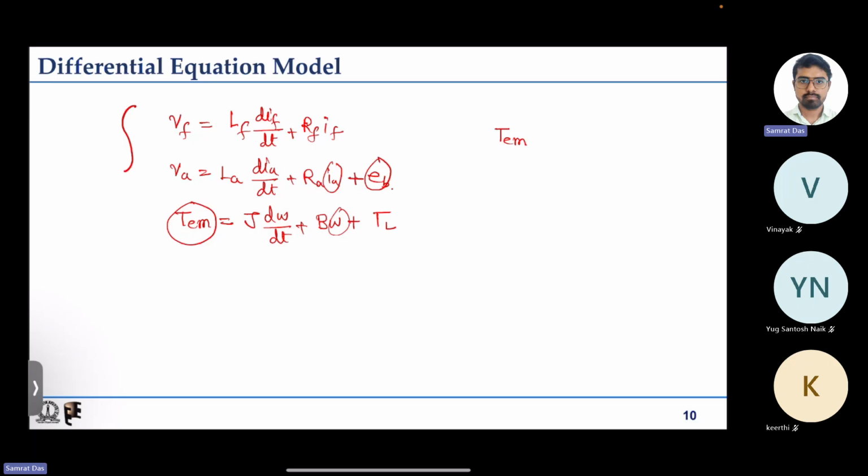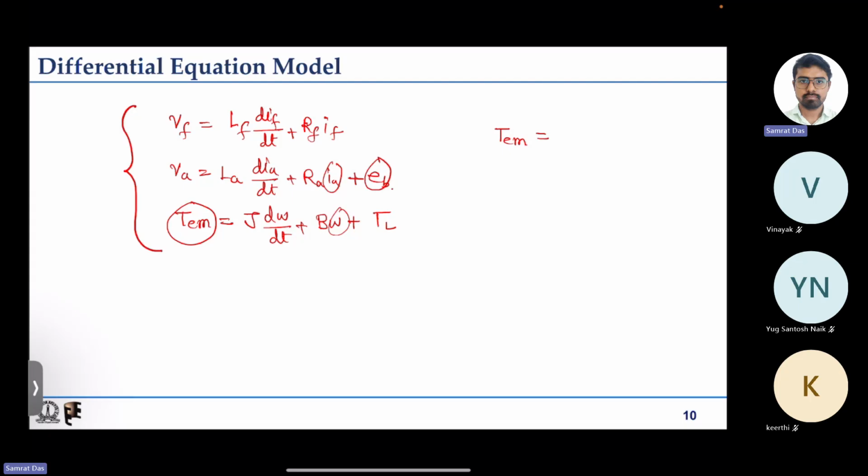So these three are dynamic equations because you have some time derivative involved. Dynamic equation means the present input alone is not sufficient for you to predict the future output. You also need some additional information for a dynamic system.